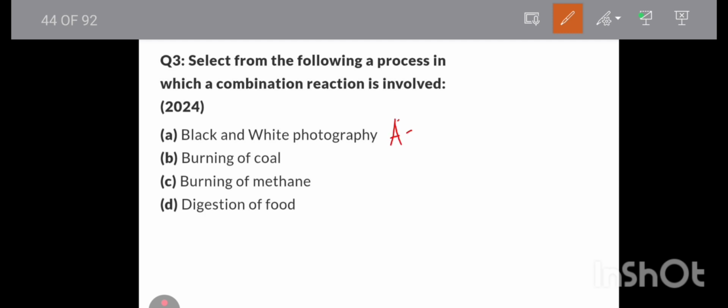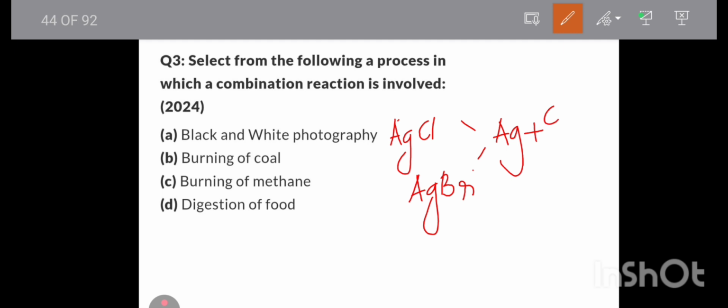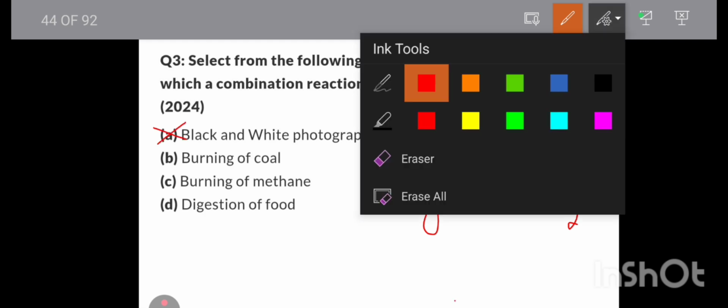That is, AgCl or AgBr, when kept in the presence of sunlight, will decompose and form the product silver, plus chlorine, or if it is bromide, bromine gas will be produced. So this is not a combination reaction, it is a decomposition reaction.